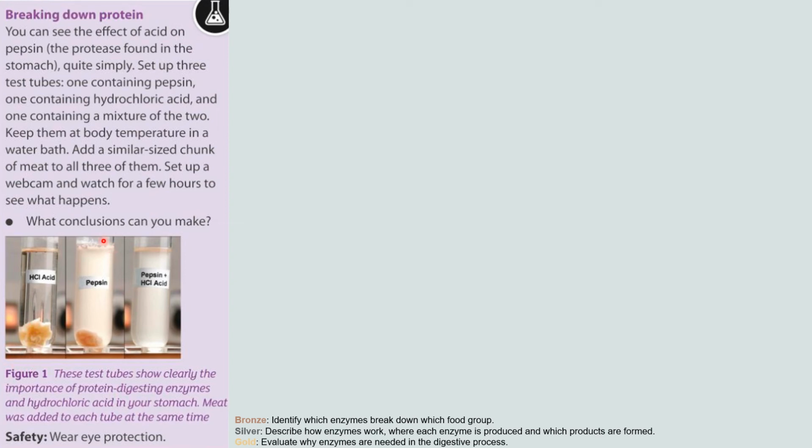The pepsin on its own, without the hydrochloric acid, so without the acidic environment, does work slightly, but it works more slowly. So it would work eventually, but it's a really slow reaction. That is because it is at body temperature. And then you've got the pepsin and hydrochloric acid, so that is the perfect condition for this pepsin to work because it is at 37 degrees Celsius and it has digested it fully.